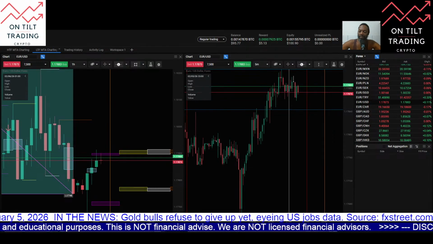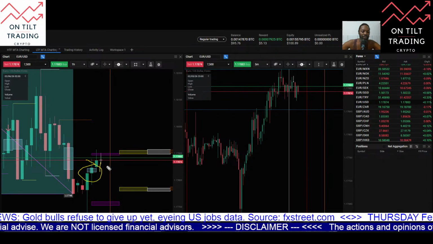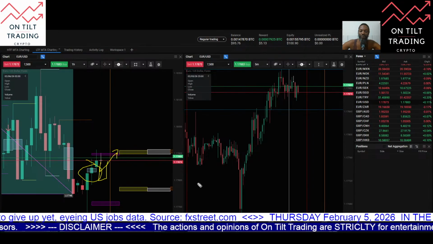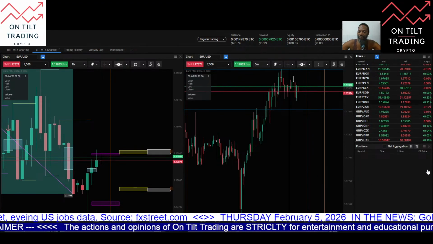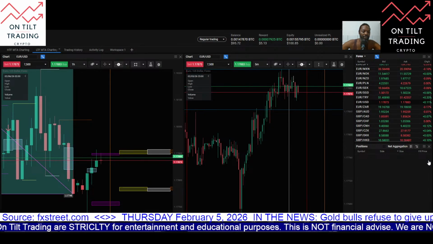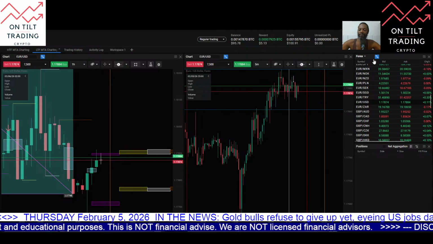So this could, just like on Bitcoin here, price trade into it. It can send price higher here. Could also fail it, but looking at probabilities, chances are that price is going to send price higher once it trades into it, but there is no guarantee on that.